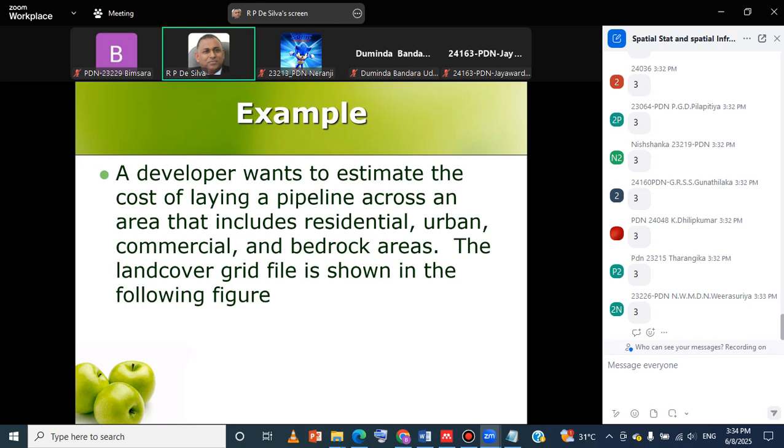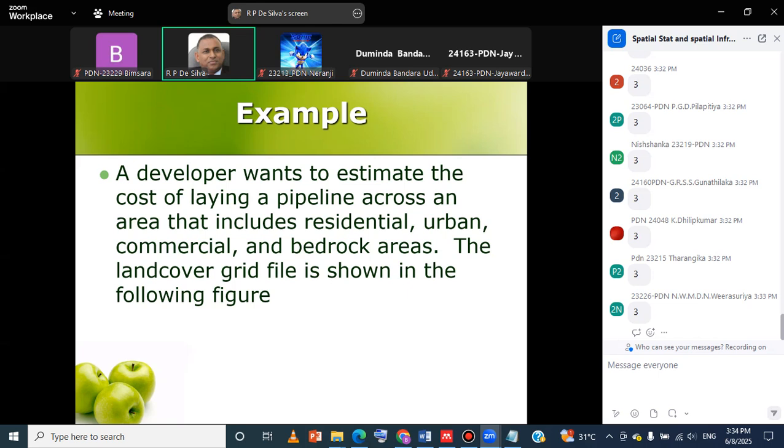A developer wants to estimate the cost of laying a pipeline from one place to another. And when you put a pipeline from one place to another, the areas that you put the pipeline through include residential areas, urban areas, commercial areas, and bedrock areas, which are open areas without any cover.